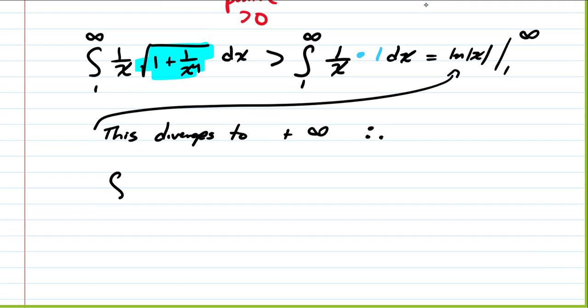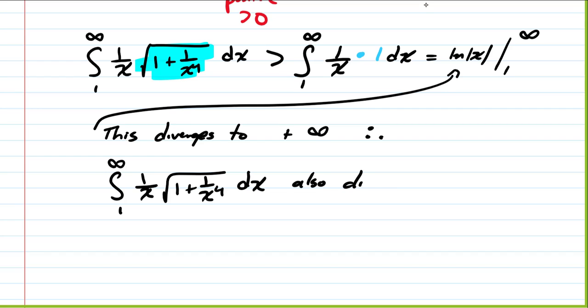Therefore, the integral from 1 to infinity of 1 over x times the square root of 1 plus 1 over x to the 4th dx also has to be positive infinity. So since we've shown that that integral is bigger than a known integral that goes to positive infinity, if you're bigger than infinity, you have to be infinity, right?